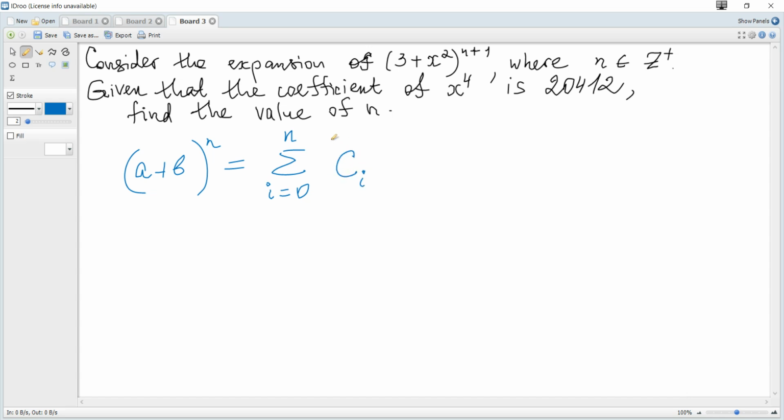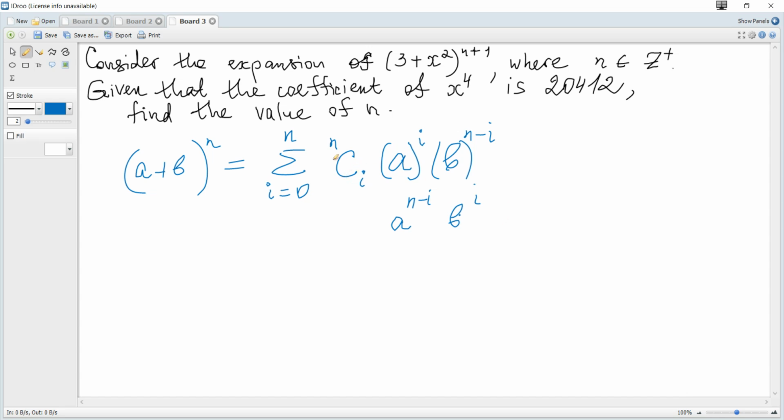Combinations i out of n, for example, a to the power of i, b to the power of n minus i, or it may be a to the power of n minus i and b to the power of i. It doesn't matter.